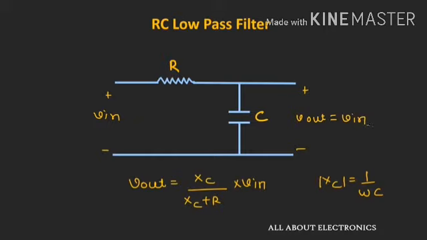While at higher frequencies, the capacitor reactance will reduce, and hence the output will also reduce. At very high frequencies, the output will tend to 0. In this way, this circuit acts as a low pass filter. It passes the low frequency components in the input signal and rejects or attenuates higher frequency components.